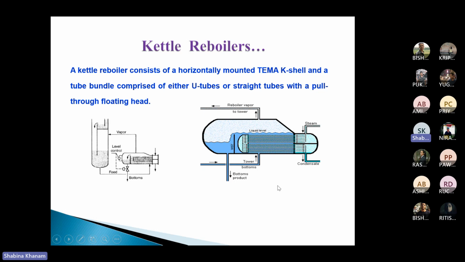So in this case, we consider the baffle as a complete disc. No cut is available in the baffle. Baffles are only provided to support the tubes. However, the baffle does not have any cut, because whatever feed is there simply moves upward.